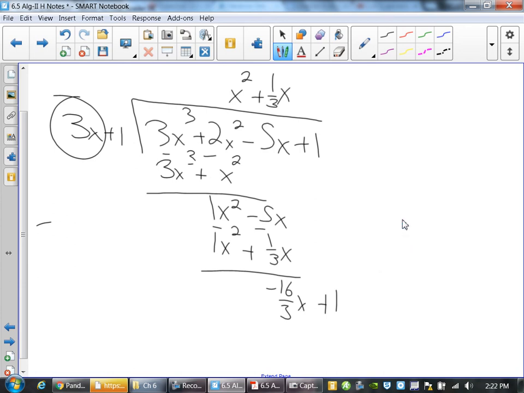Think of it this way: 3 times something has to equal negative 16 over 3. You can always set that up to figure out what fraction you have to multiply by, just saying, oh, I just got to multiply by the reciprocal and it'll work.